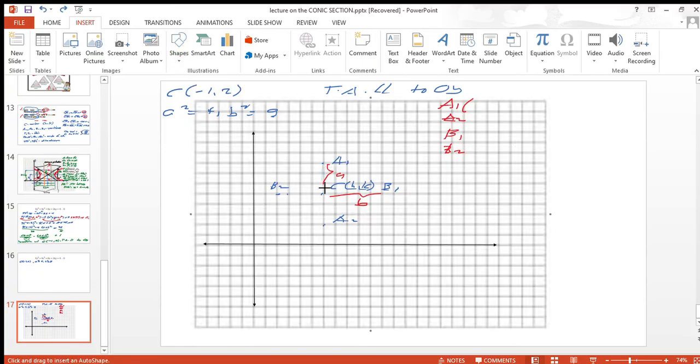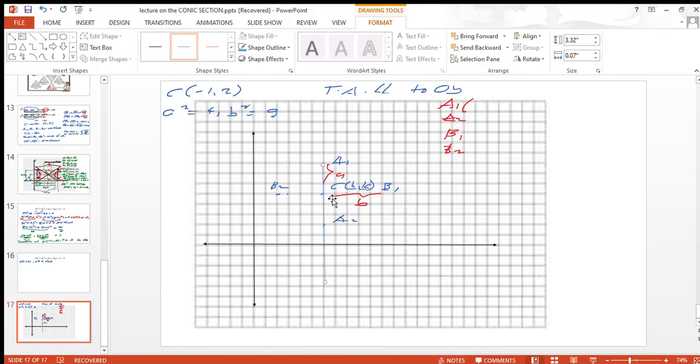So let's drop a perpendicular line to the y-axis. Same vertical line with the center.